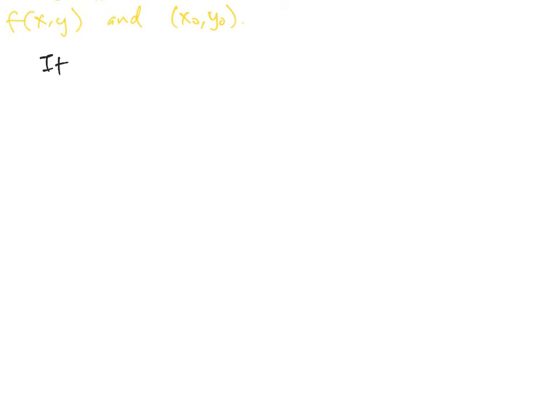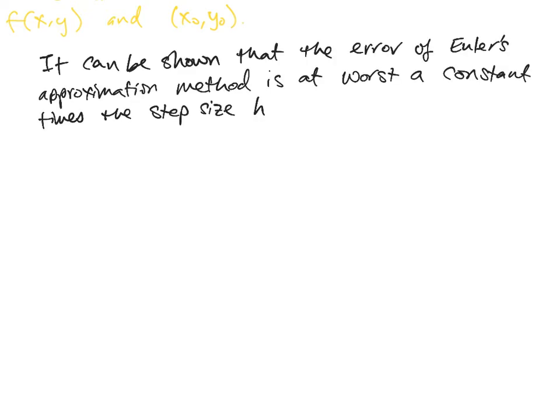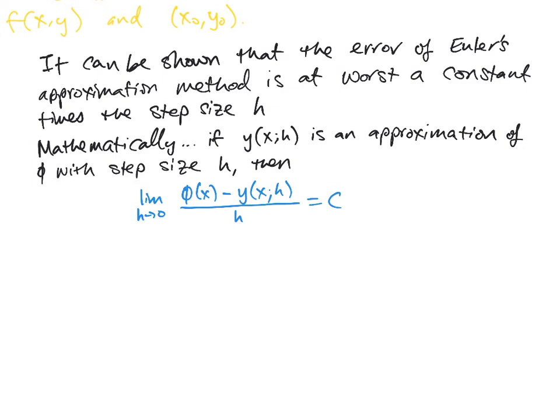Okay, so it can be shown that the error of this method is at worst a constant times the step size h. So that means that if you want to have low error, then you need to have low step size. But if you have low step size, that means that you'll have to take a lot of little baby steps, and it will take a lot of computation to get a decent approximation.